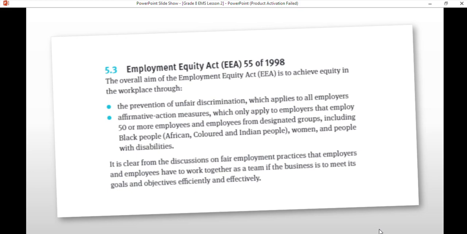So this act aims to redress that and say, listen, everyone should have an equal opportunity. But companies didn't follow it, and then they said, okay, now we'll force you. You'll have to have people from specific races or backgrounds in your company, but that's dependent on the demographics of the people that live in that area. Okay.